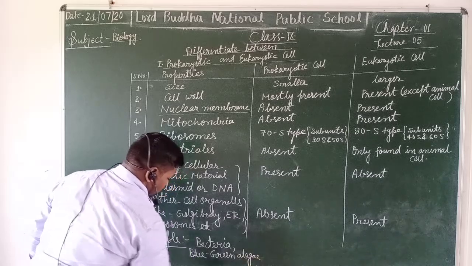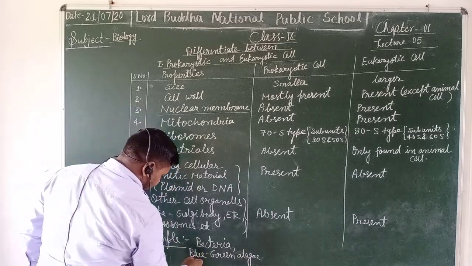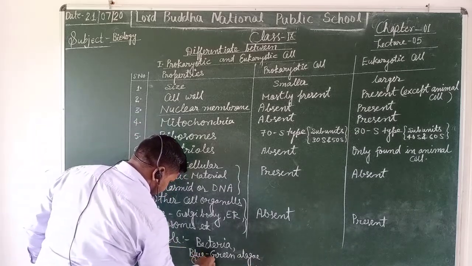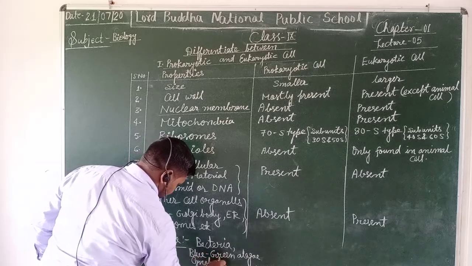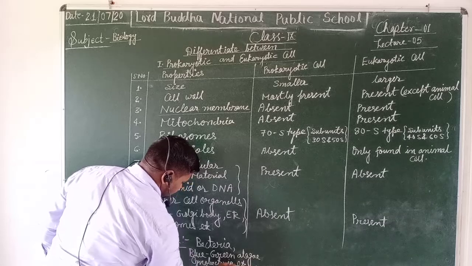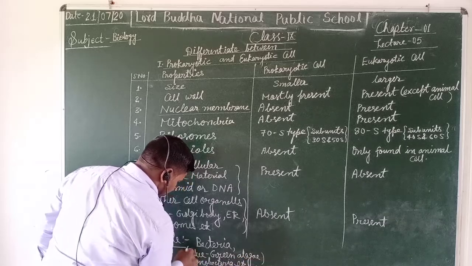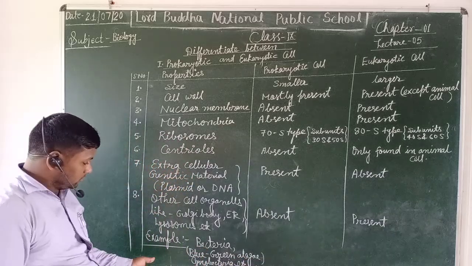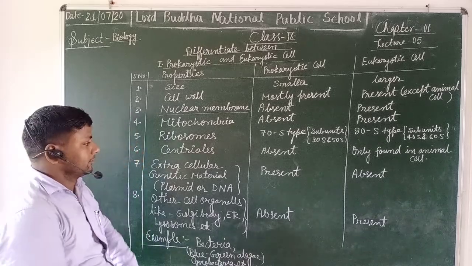Blue green algae is also known as cyanobacteria.